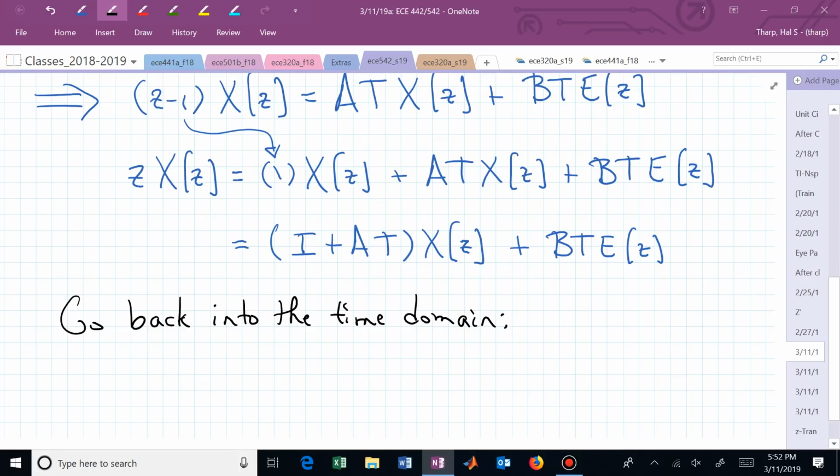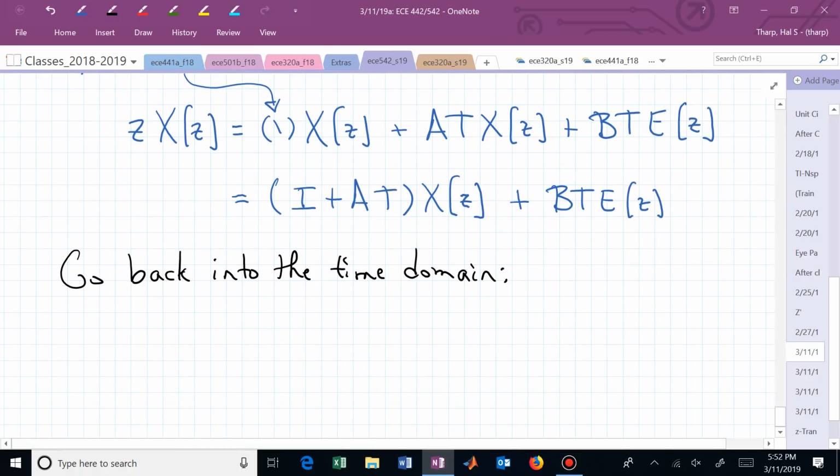What does that look like in the time domain? What's the z as an operator doing to the state vector x in this particular term? It's advancing it by 1 sample period. What we now have on the left is little x at time n plus 1. And implicit to that is the sample period.